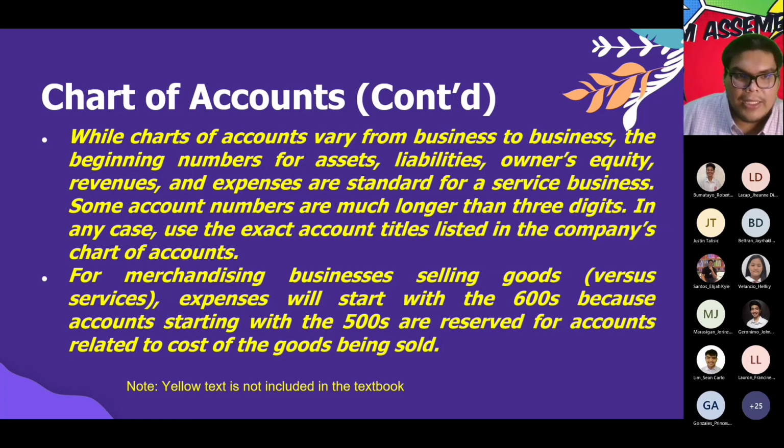The beginning numbers for assets, liabilities, owner's equity, revenues, and expenses are standard. Merong standard na sinusundan. Iba-iba lang po yung execution because, as previously stated, accounting is an art. For a service business, some account numbers are much longer than 3 digits. But usually, 3 digits is the standard. In any case, use the exact account titles listed in the company's chart of accounts. So kung meron ng given chart of accounts sa isang company, try to follow that. Huwag po tayong gagawa ng sarili nating rules.